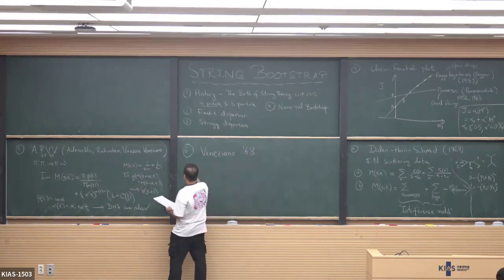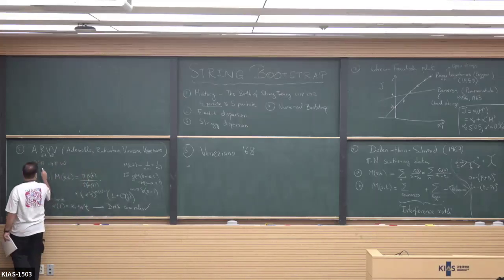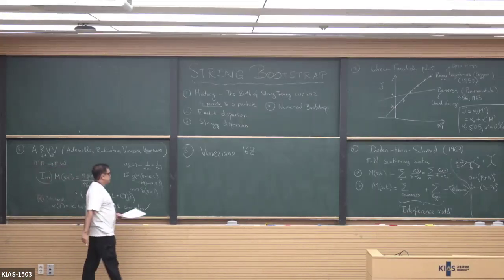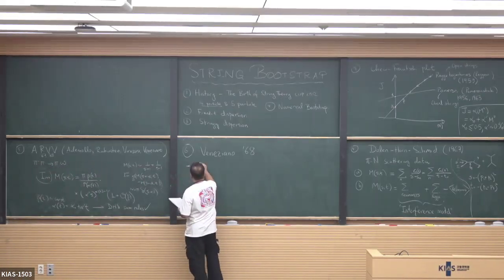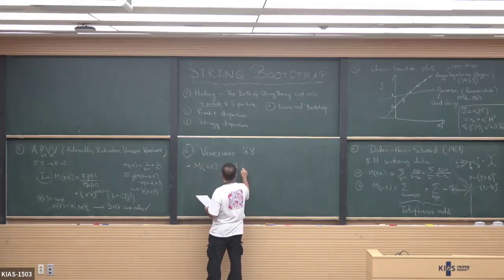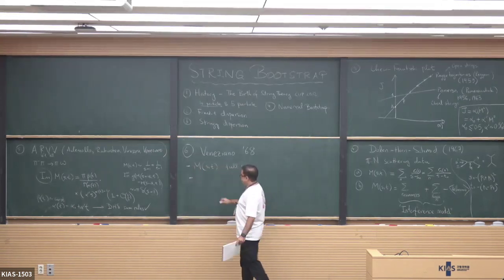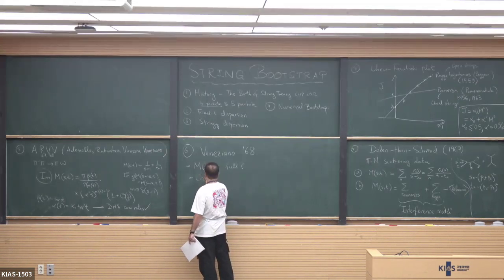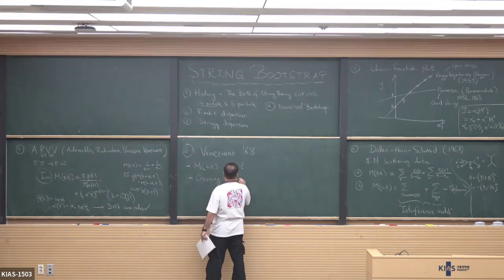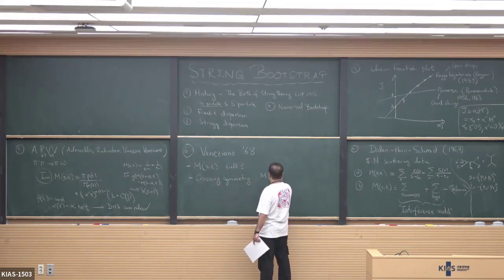So the questions that he tried to answer are, instead of asking what is the imaginary part, he asked what is the full amplitude. And what are the constraints that this full amplitude should satisfy? It should satisfy crossing symmetry. And this is the statement that M of s,t should be equal to M of t,s.